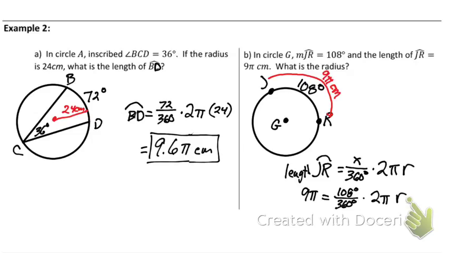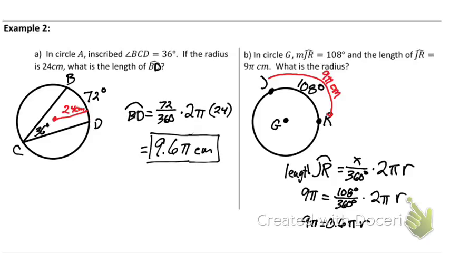What we're going to do next is enter in the calculator 108 divided by 360 and multiply it by 2. So type in 108 divided by 360 and multiply that by 2 and tell me what you get out. Sabrina? Yeah, what'd you get? You got 0.6, yep. So I'll have 9 pi equals 0.6 pi r.